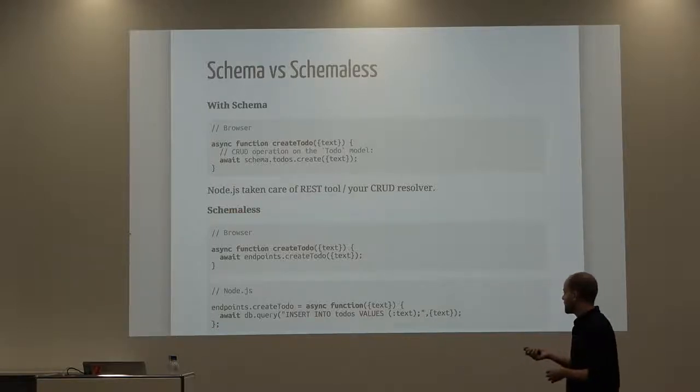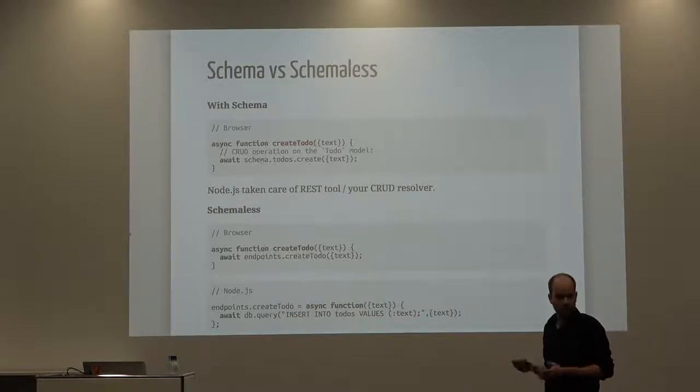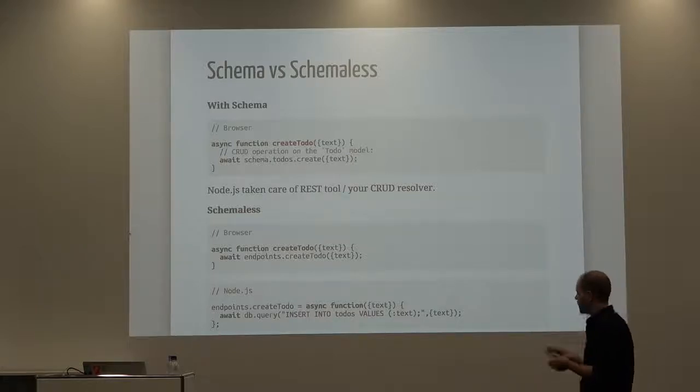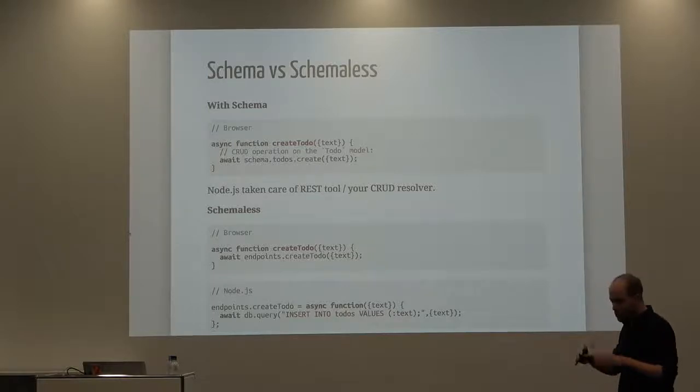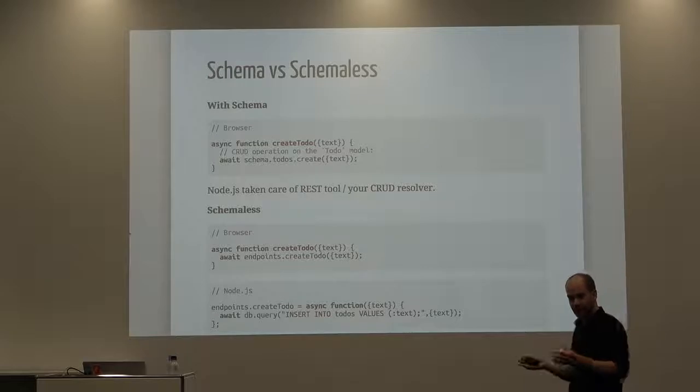Whereas with schemaless, as we can see here, with the same function, you directly call a SQL query or an ORM query. If ORM is your thing, you use an ORM. But if you like SQL, then you just directly call a SQL query. So you don't go through the schema, but you directly use the database queries.